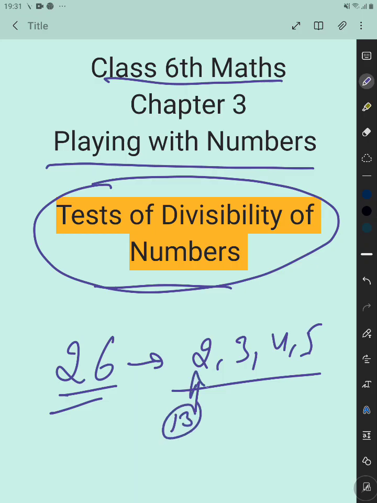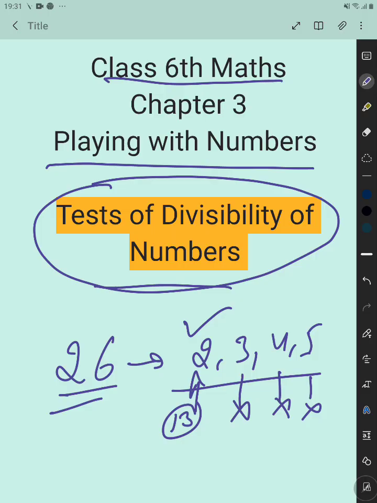So 13 times 2 is 26, but it cannot be divided by 3, 4, or 5. Since 26 is a small number, we can clearly see by just observing that it is divided by 2 and the rest it is not divided by. The next number by which 26 will be divided is 13.